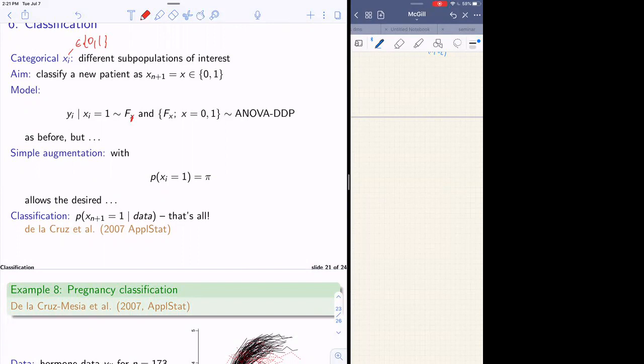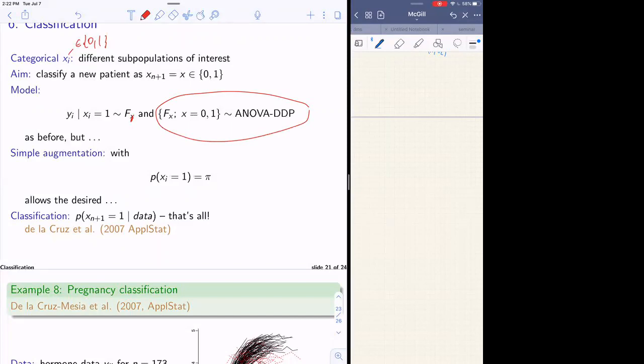Or in general, there's a family of distributions f sub x for x across all possible values. If we go non-parametric Bayes on that, to complete the model we need a prior. Here's a prior for that family of random probability measures, f sub x. For example, we could use the ANOVA DDP.